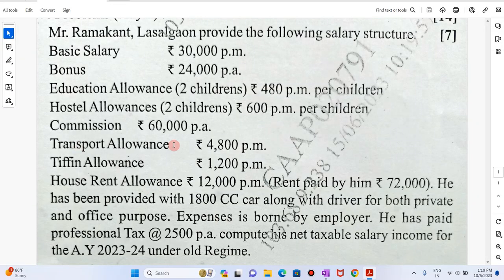After transport allowances, tiffin allowances. Tiffin allowances is also fully taxable. Hence, how much is tiffin allowances? Rupees 1200 per month.